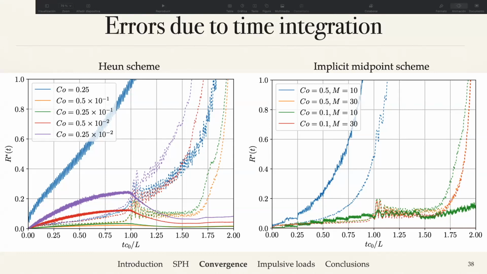You can see that for much smaller Courant numbers, smaller errors are obtained with the implicit midpoint scheme. So the conclusion here is that the use of an implicit integrator not only allows for reducing the error in time, but also leads to stable simulations, in principle without the need to use the delta term.